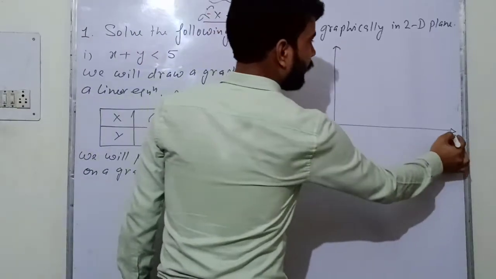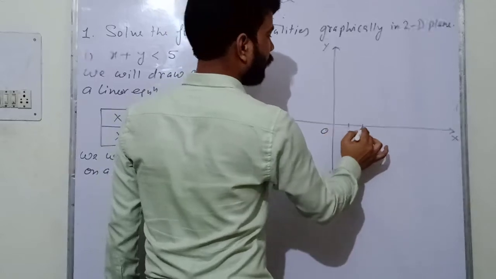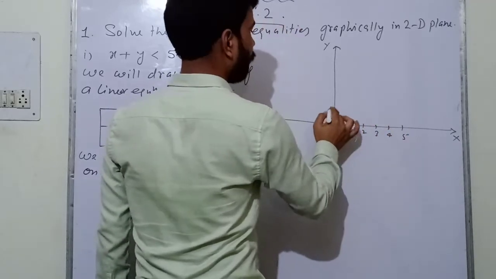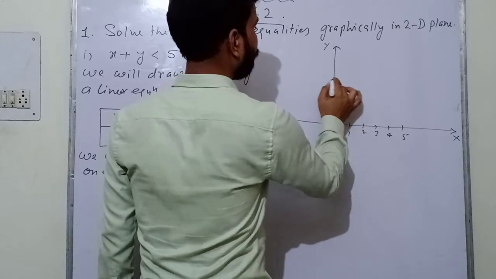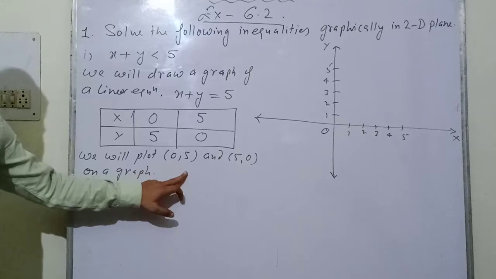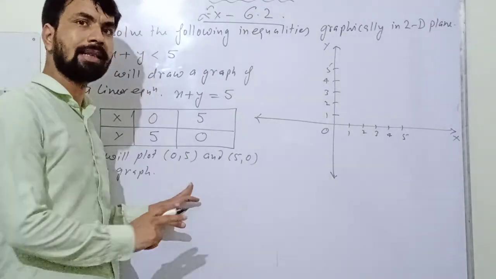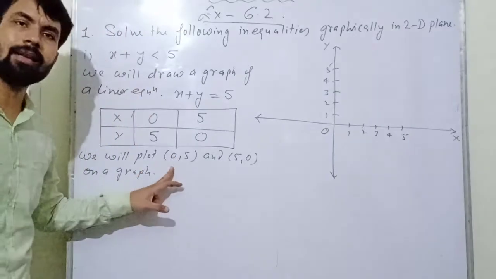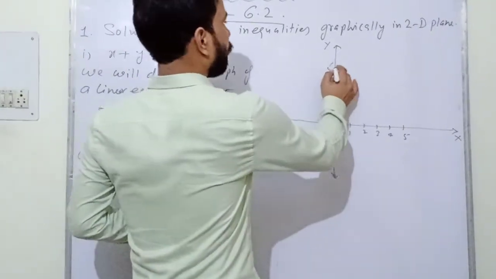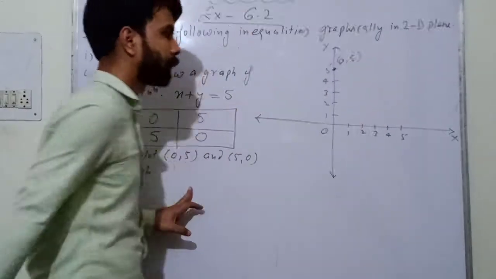These are two coordinate axes, x-axis, y-axis, 0, 1, 2, 3, 4, 5 and 1, 2, 3, 4 and 5. The very first point is x 0, y 5. This point will lie on y-axis. You know that now? If abscissa is 0, then the point will lie on y-axis. So this point is 0, 5.